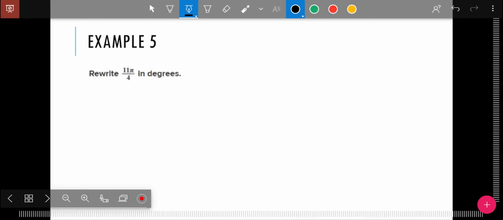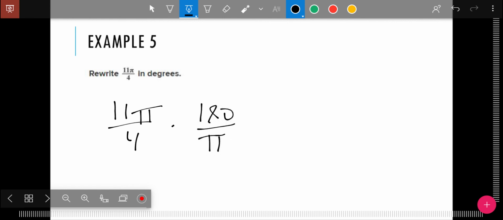Now we want to go the other way. We want to convert to degrees. So I want to take that 11 pi over 4 and times by 180 over pi. Again, the way I remember it is it's always 180 in pi. And when I want to get rid of pi, pi has to be on bottom. Right? And so that's the first thing. The pi's cancel out. And again, I like to cross reduce. And so 4 goes into 4 once. 4 goes in 180 45 times.